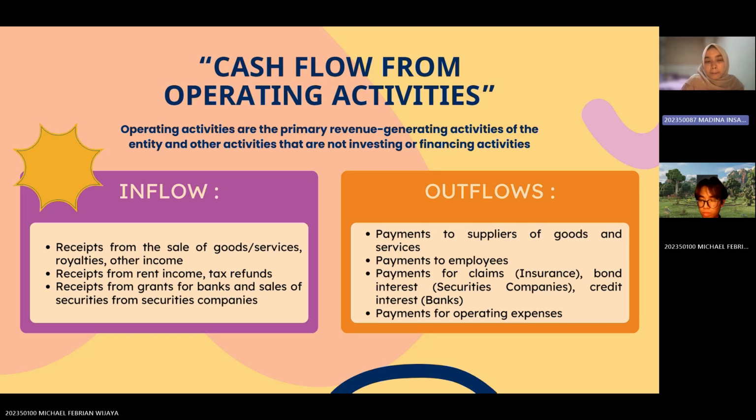First is inflows: receipts from the sales of goods, services, royalties, and other income, receipts from rent income, tax refunds, and last is receipts from grants or banks and sale of securities from securities companies. The second one is outflows: payments to suppliers of goods and services, payments to employees, payments to claim insurance, bond interest or securities company, credit interest or bank, payments for operating expenses.